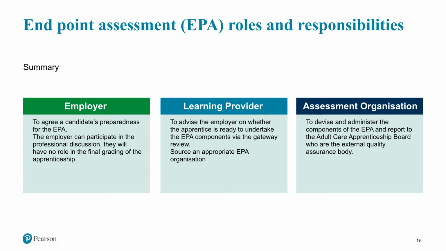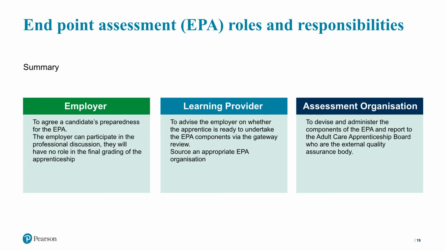Okay, the endpoint assessment organisation, which I said Pearson is approved. So our responsibility is to devise and administer the components of the endpoint assessment and report to the Adultcare Apprenticeship Board, who will be the external quality assurance body. So we will report all of our findings. We will be governed and standardised by an external quality assurance body, much as we are for on-programme with Ofqual.